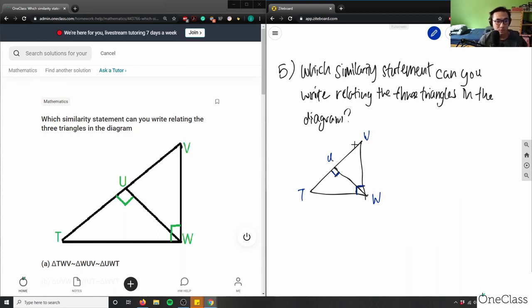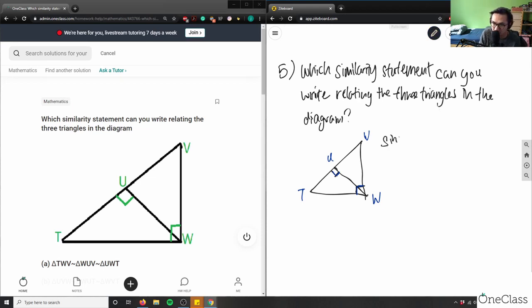So what I would do is, because we're not given any side lengths, I would focus here on the angles itself. Let's take a moment to think about this problem. Or maybe I'm going to write down the logic here.